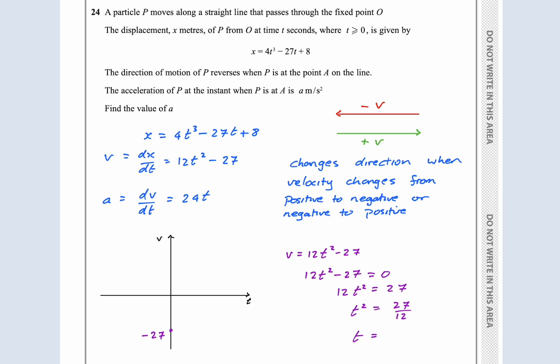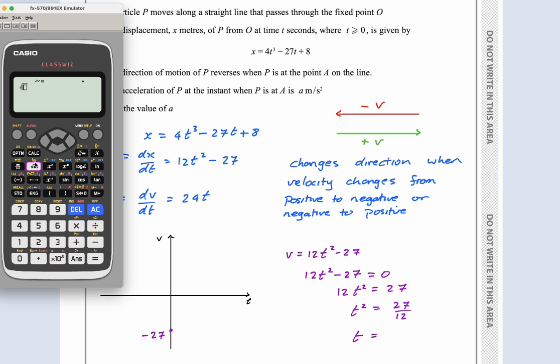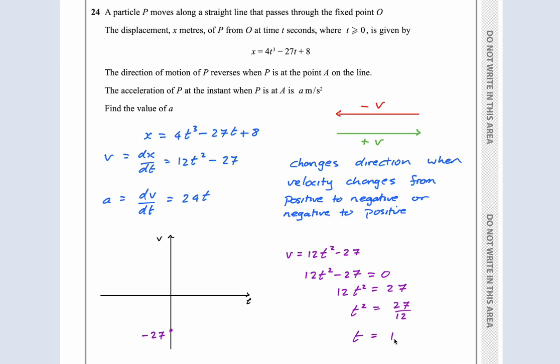The square root of 27 over 12 is actually 3 over 2, which is exactly 1.5. So it's plus or minus 1.5. Different scales obviously, guys. This is 1.5, and if I was to draw it over here, this would be negative 1.5.